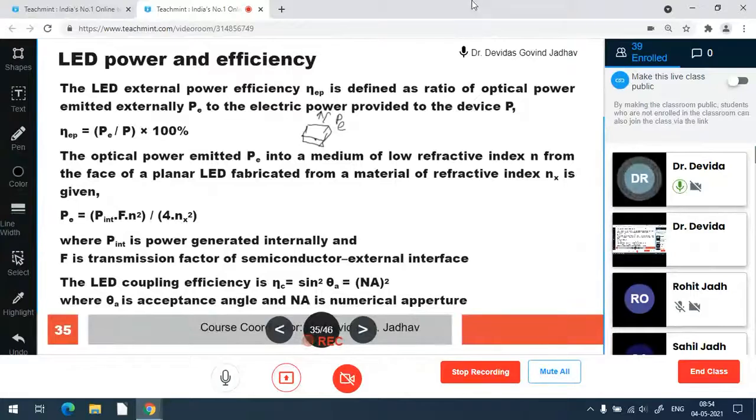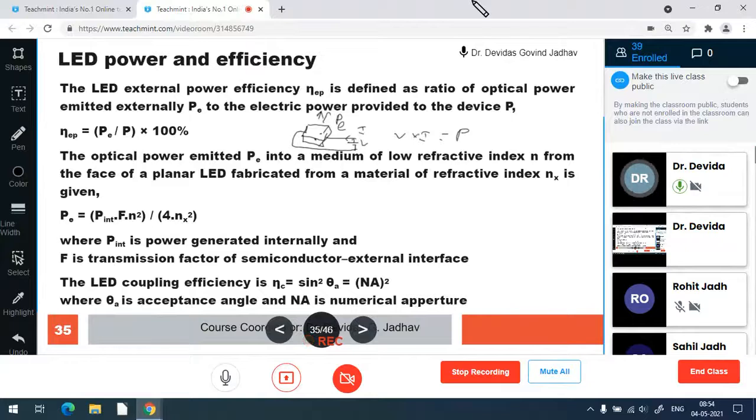Internally generated power is coming out as the emitted power, and it is due to the power supply we are providing, V and I. So V into I is the electrical power P. Voltage into current is the electrical power supply.